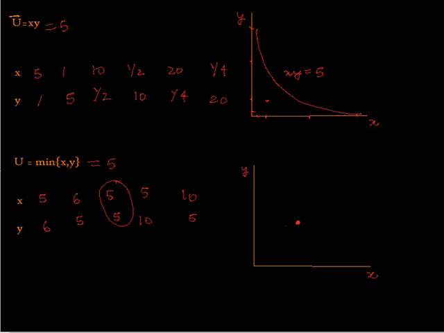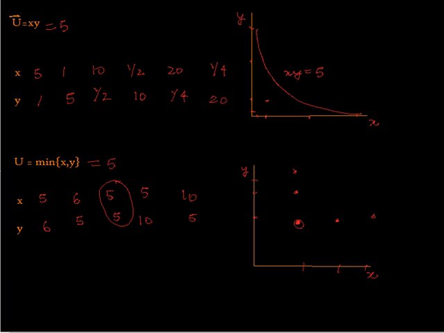Suppose this is 5, this is 6, this is 10. 5, 6 here; 6, 5 here; 5, 5 here; 5, 10 here; and 10, 5 here.